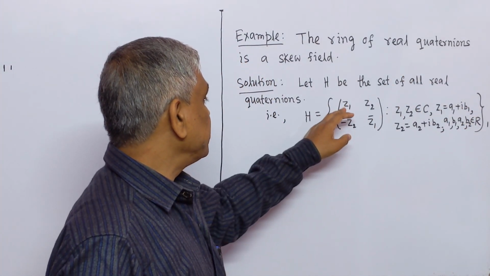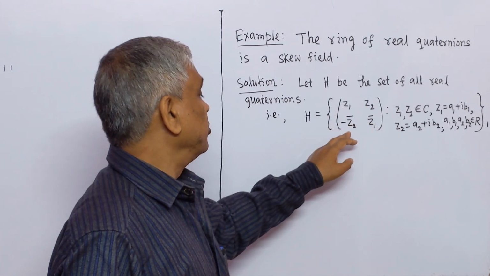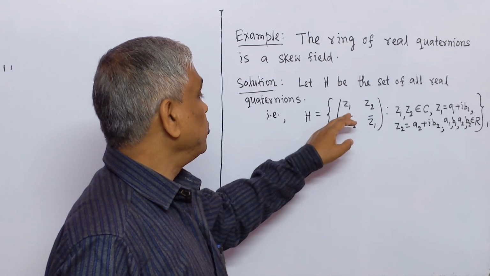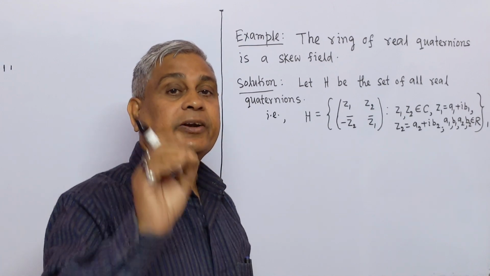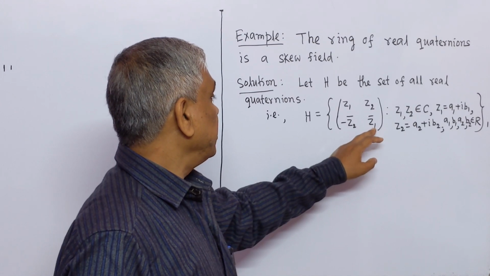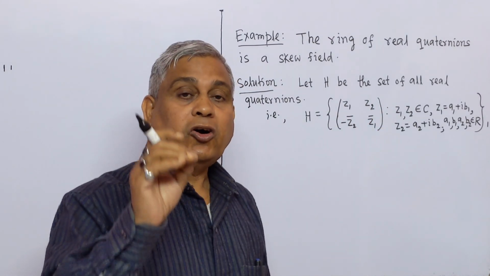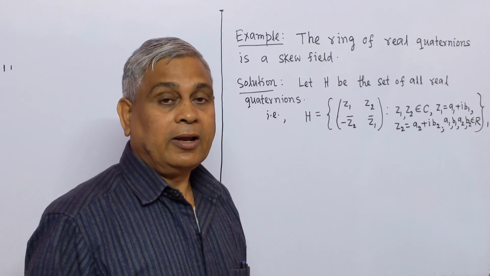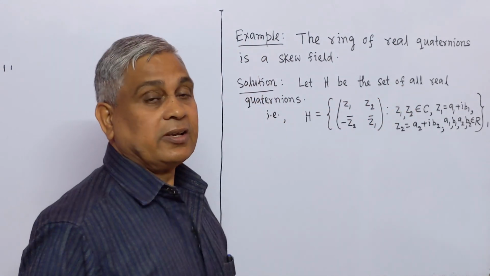Here Z2 bar is the conjugate of Z2, and Z1 bar is the conjugate of Z1. The collection of these types of matrices is called the set of all real quaternions.